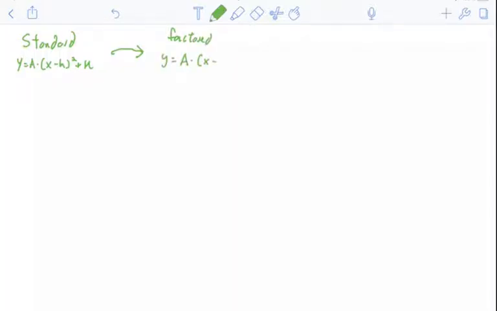So let's talk about how to go from the standard form, which is y is equal to a times x minus h all squared plus k, to the factored form, which is y is equal to a times x minus x0 times x minus x1.